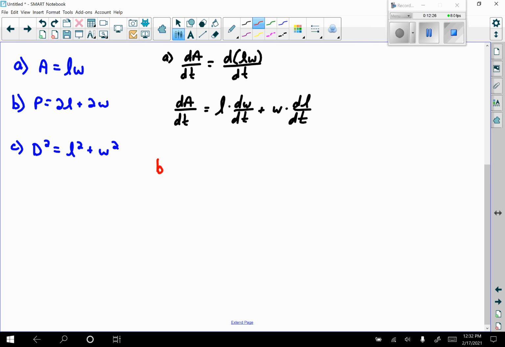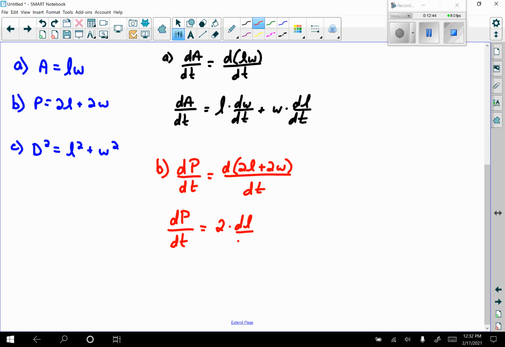For B, we're going to take the derivative of the perimeter. So dP over dt is going to equal 2 times dL over dt plus 2 times dW over dt.